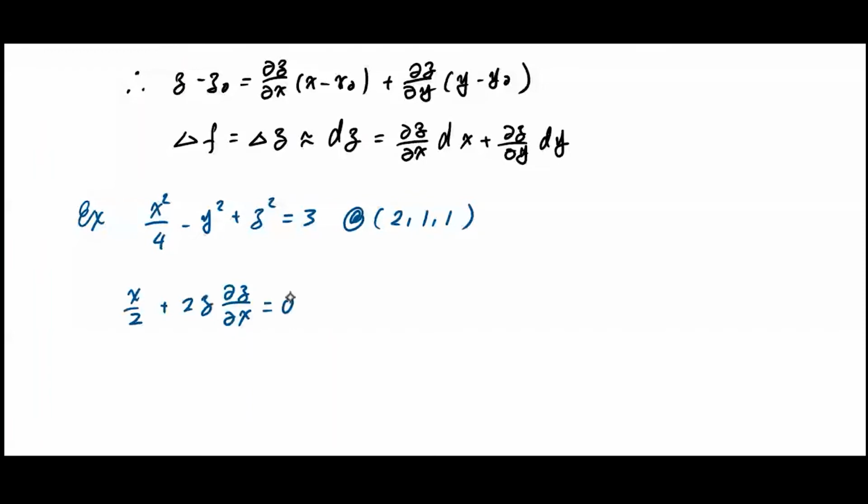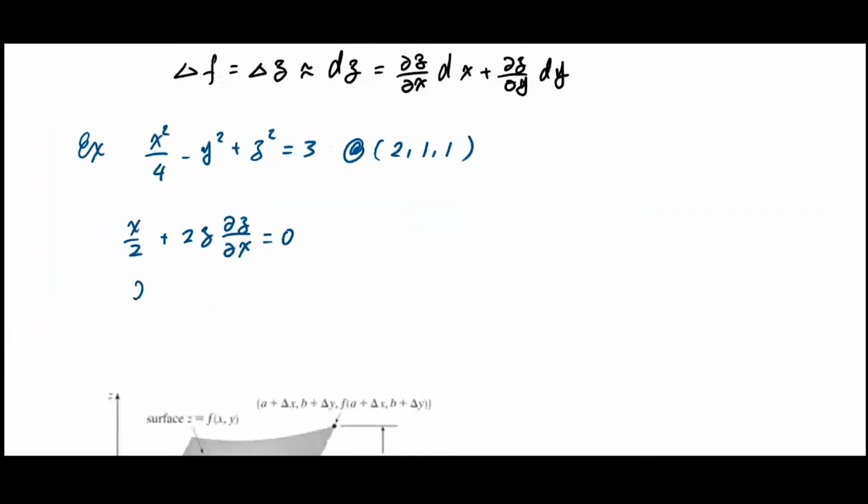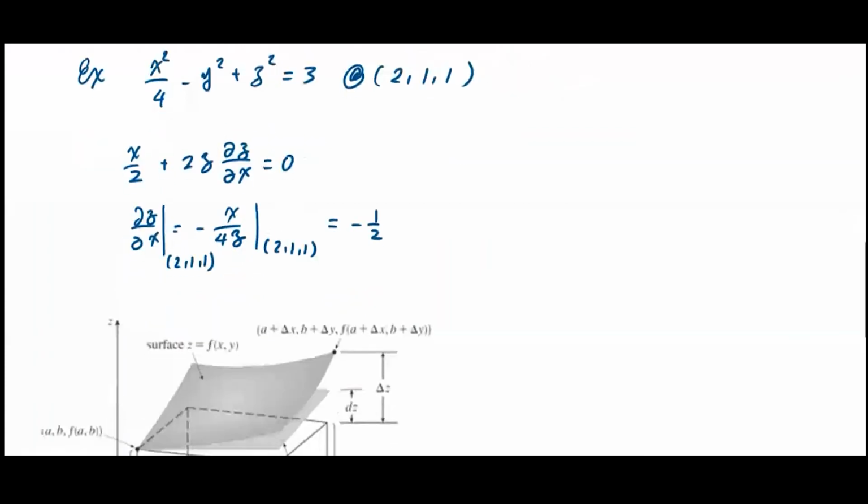And that becomes 0, so partial z, partial x is equal to negative x over 4, right? Good. Now, while we are at it, we evaluate this at 2, 1, 1. Okay, and that gives you negative 1/2. You with me? I'll let you write that down.